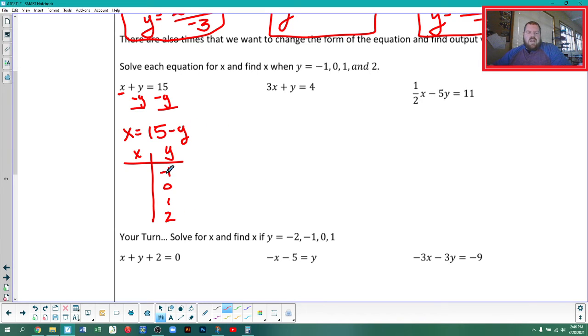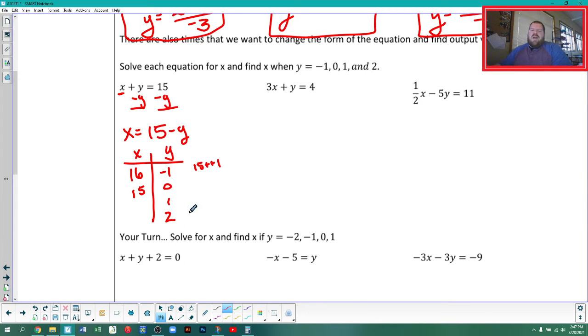So we're going to plug in y equals -1, 15 minus -1. I'm going to kind of note that here. That turns into a positive, so we get 16. When y is 0 rather, x is going to equal 15 minus 0, which is 15.